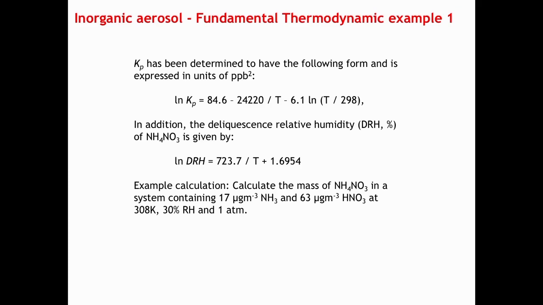One micromole, because it's 63. Yep, you've got 63 microgram per cubic metre, the molar mass is 63 gram per mole, so you've got 1 micromole. So you've got 1 micromole of ammonia per cubic metre, and 1 micromole of nitric acid per cubic metre.